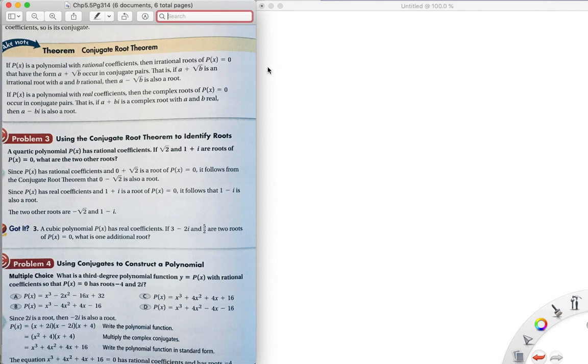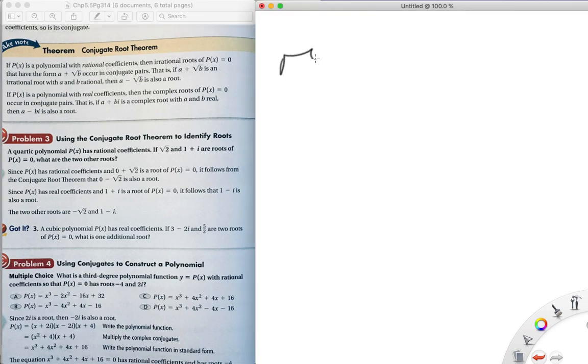So if there is a root of root 2, it also has a conjugate of negative root 2. If we have an imaginary 1 minus i, it also has another root of 1 plus i. Each rational, irrational, or imaginary root has a conjugate, has a twin. And the twin is always the opposite sign. So opposite sign, opposite sign, opposite sign, opposite sign.